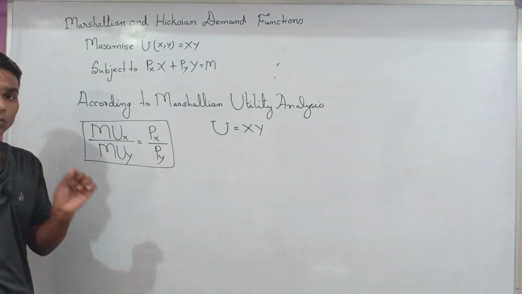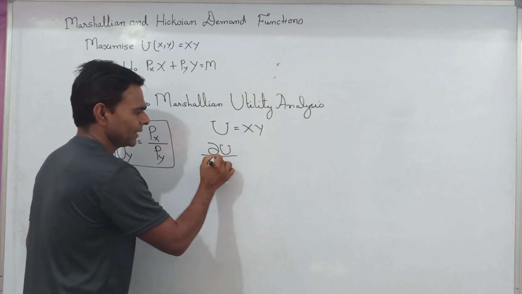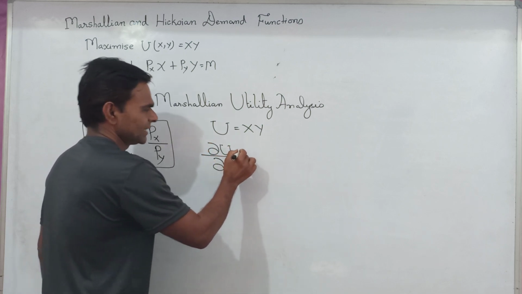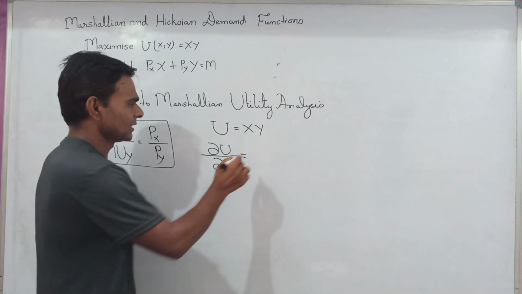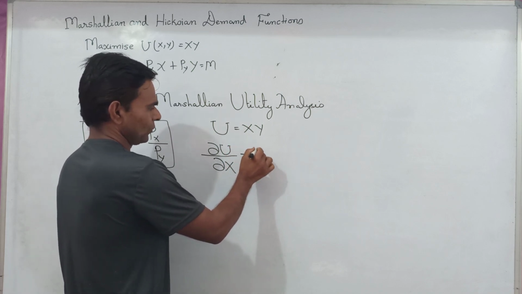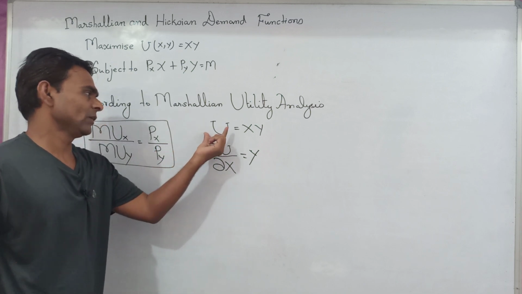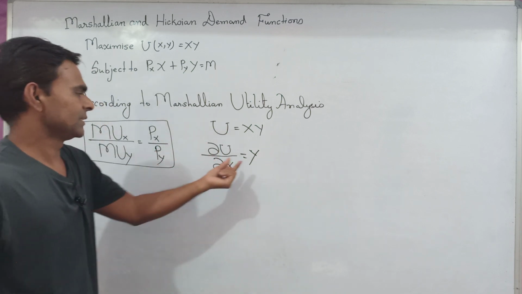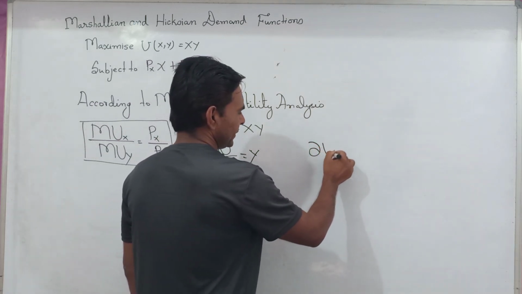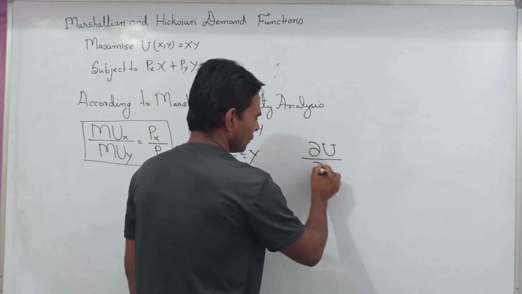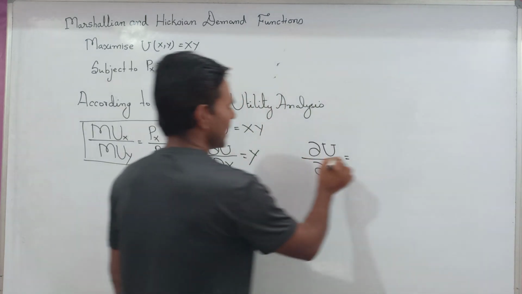We just need to take the partial derivative of the utility function with respect to x, which yields marginal utility of x, MUx. Very simple, the value is y. Similarly, if we take the partial derivative of utility with respect to y, which yields MUy, x is coming.